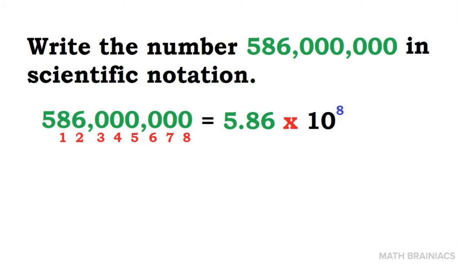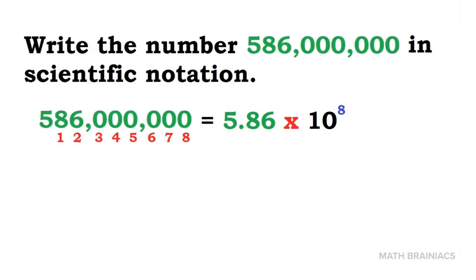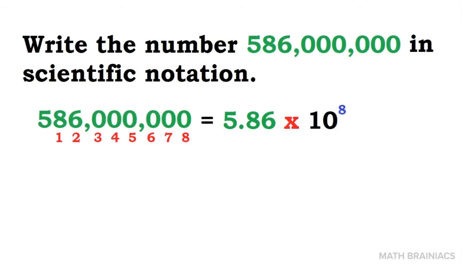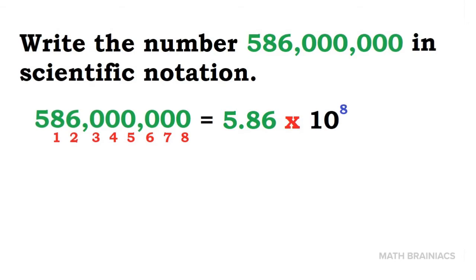Likewise, if we are going to convert the standard form of a number into scientific notation, we are going to count how many numbers there are after the biggest digit. You can see that there are 8 more numbers after the biggest digit, which is 500 million. Accordingly, our exponent is 8. So, the scientific notation is 5.86 times 10 to the power of 8.